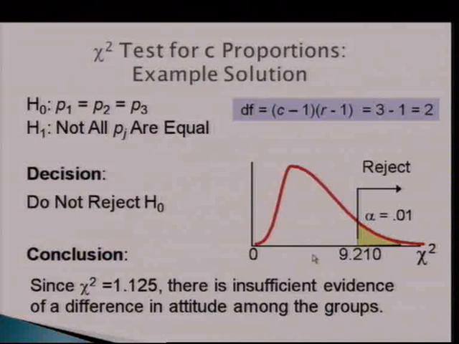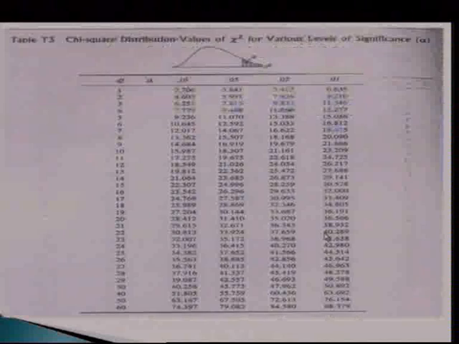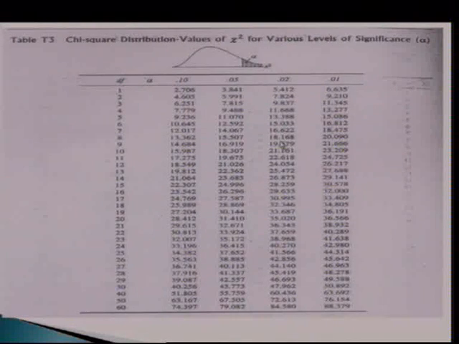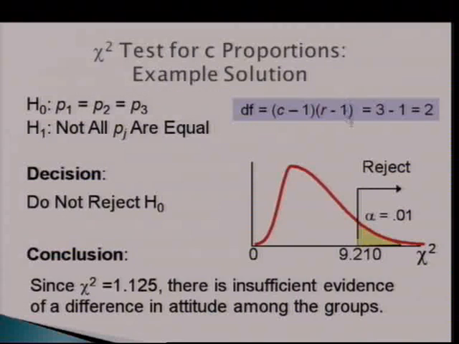So there is insufficient evidence of a difference in attitude among the groups. And you can look at how we have calculated this degrees of freedom. This is given in row and the number of columns, and here the alpha is 0.01. So this value you can refer, it is 9.210, which is shown here.